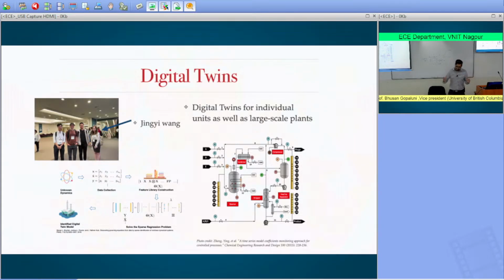A digital twin is an exact replica of your true process, whereas models are not necessarily the exact replica of your system, right? They only approximate some aspects of your system. And with digital twins, you also try to update the model parameters in your digital twin online while interacting with the real system. Okay. You'll find lots of different definitions of what a digital twin is.